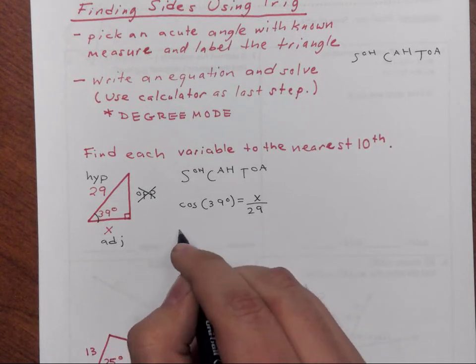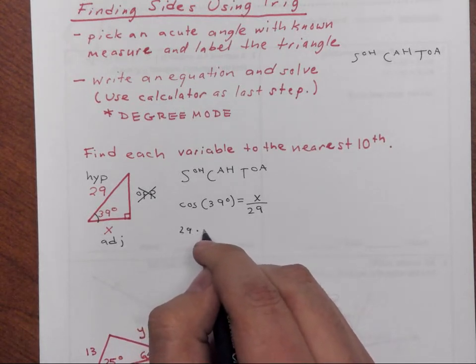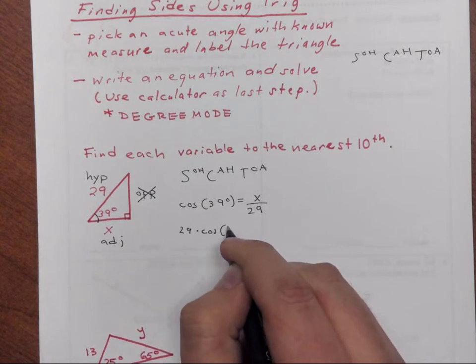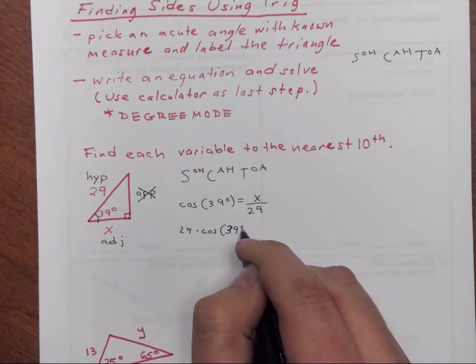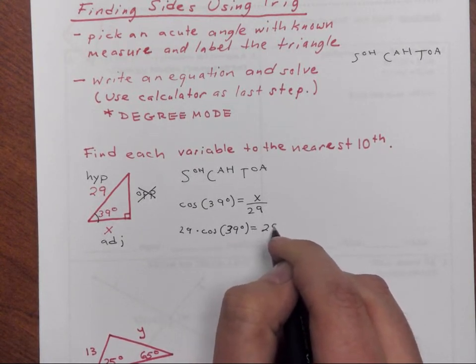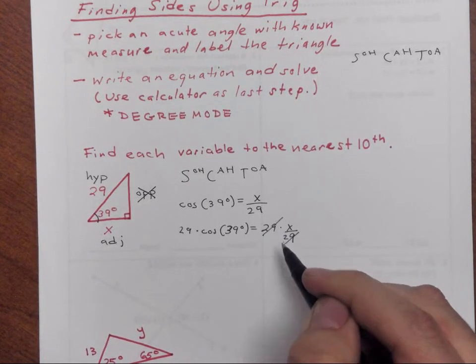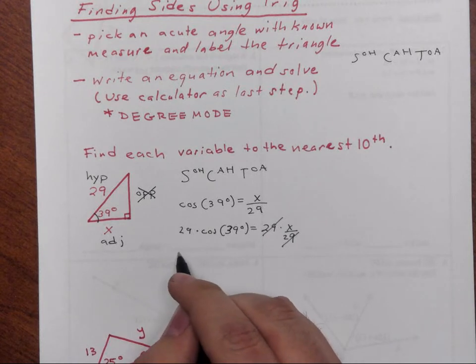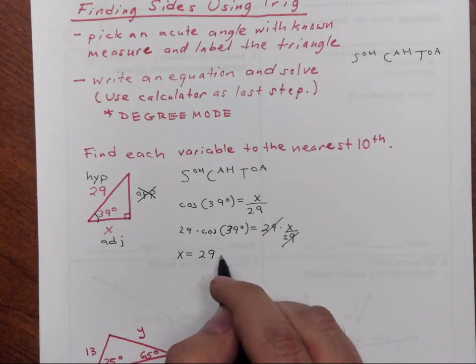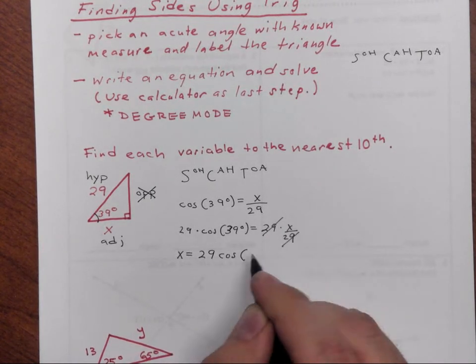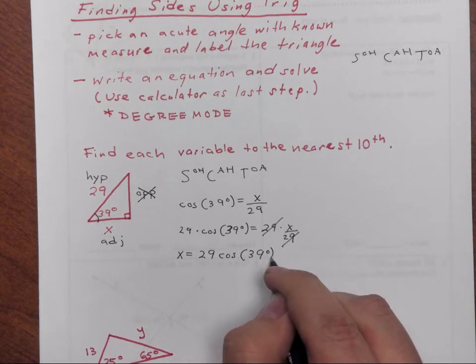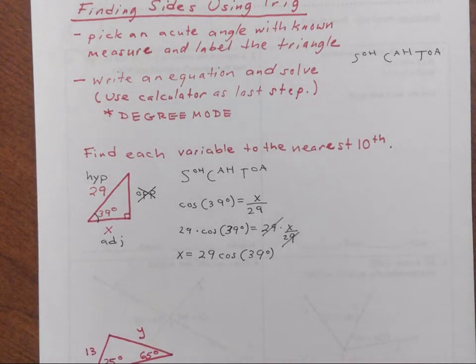I multiply both sides by 29 to do that. 29 times the cosine of 39 degrees is equal to 29 times x over 29. The idea there is to get rid of the 29s. So this means that x is 29 times the cosine of 39 degrees. That's as exact an answer as I can get.